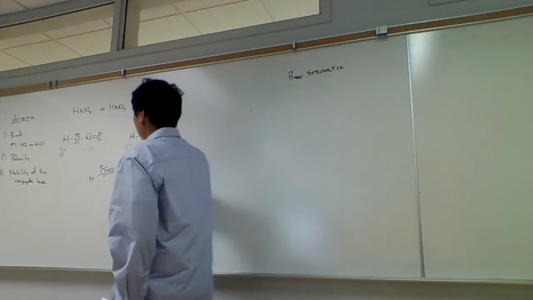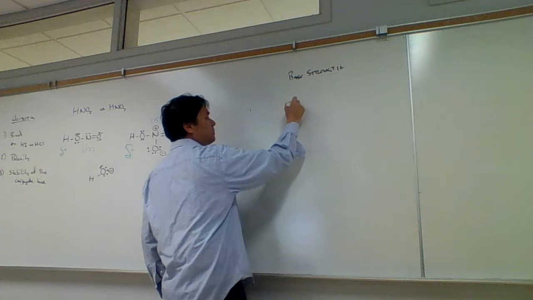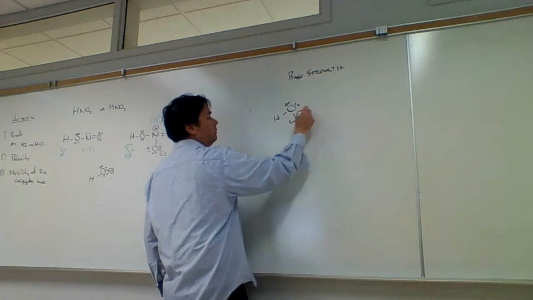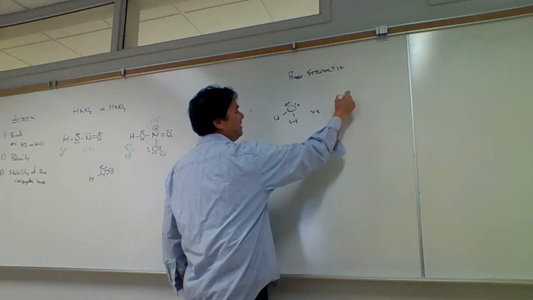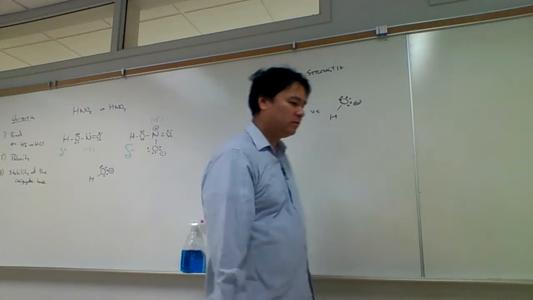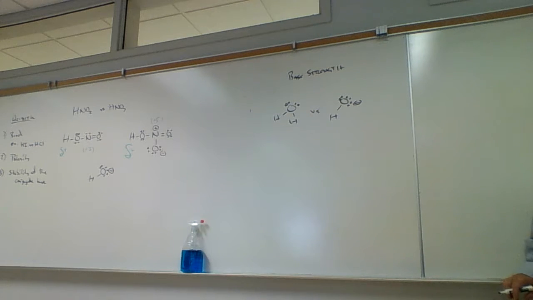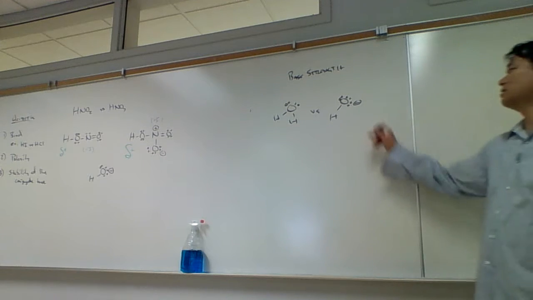A good base is a good electron pair donor. And so if we compare two bases, let's compare water versus hydroxide. Which one is going to be a better base, water or hydroxide? Both of them are going to donate a pair of electrons from the oxygen, but you'd expect hydroxide would be a better base.